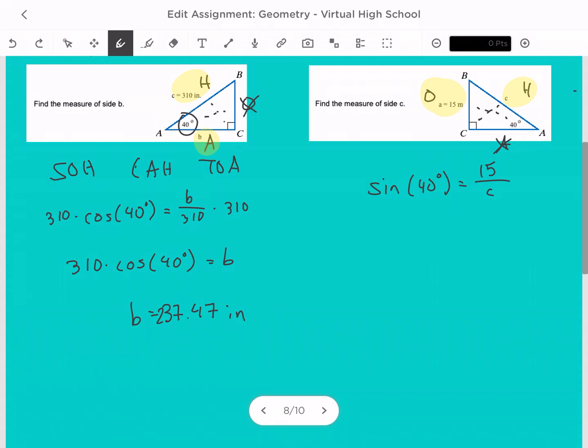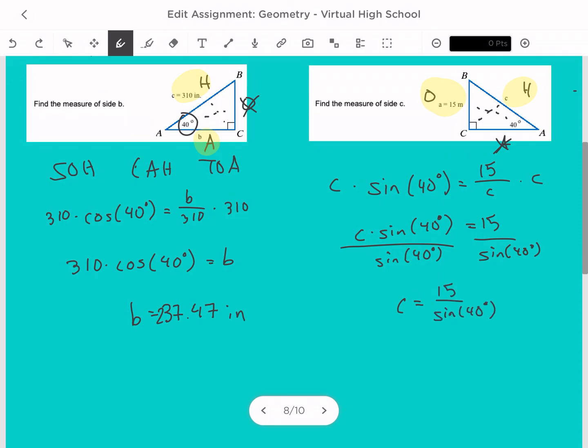So basically the c and the sine of 40 are going to flip spots, right? So I'm going to multiply both sides by c. So I have c times the sine of 40 is equal to 15, and then I'm going to divide by the sine of 40. So c is equal to 15 divided by the sine of 40.